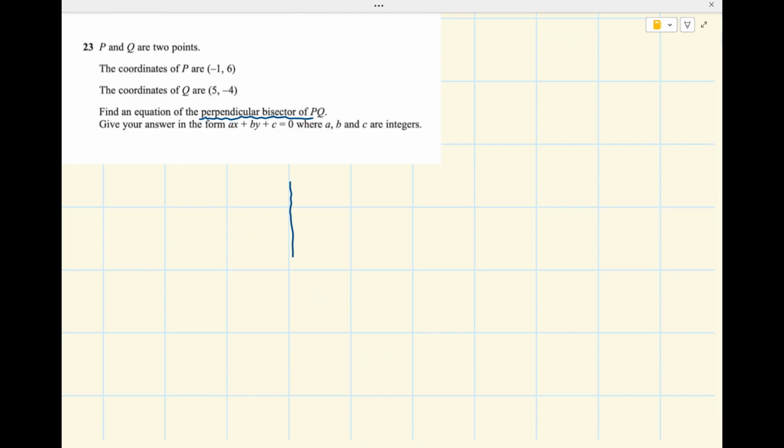Let's draw a sketch of an axis here. Okay, it's only a sketch. It doesn't have to be accurate. It's just going to give me the idea. P (-1, 6), Q (5, -4), PQ.